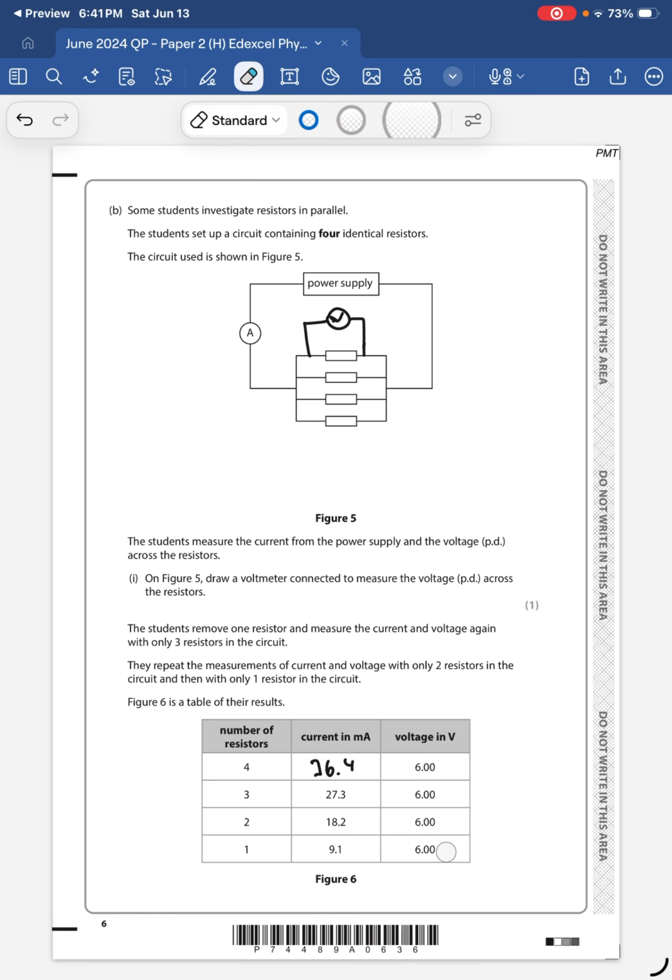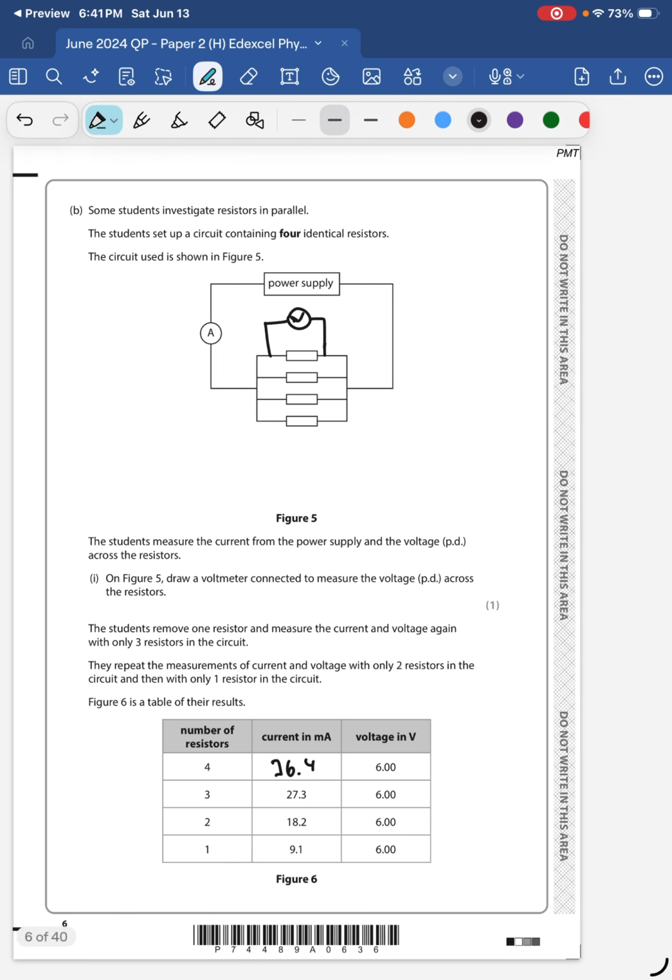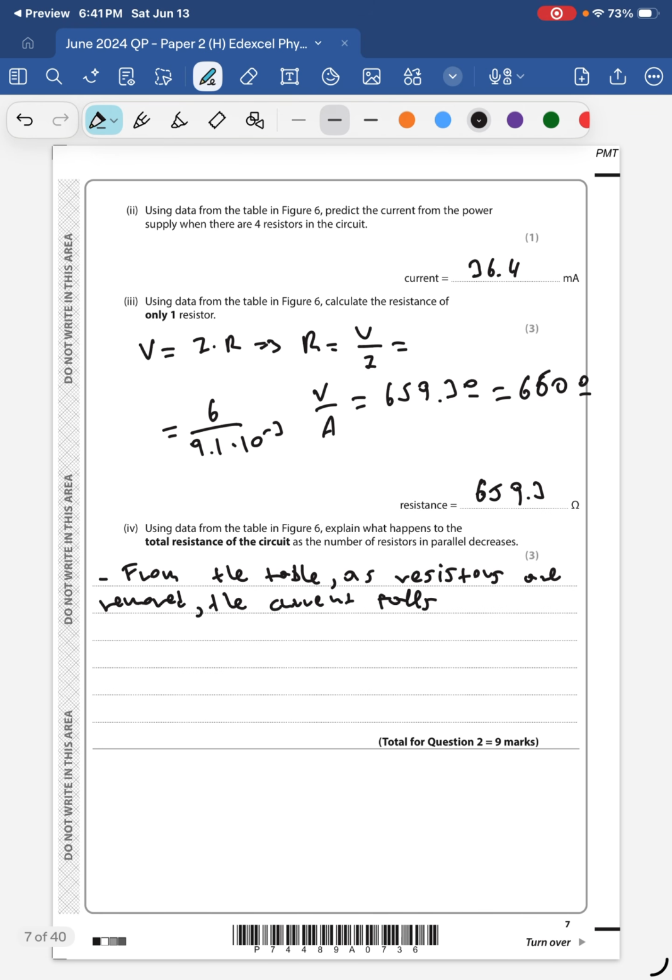Okay, so you can see it here. Basically we have the lowest current for one resistor and the highest for 4. So the current falls. The voltage stays fixed because they are in parallel.